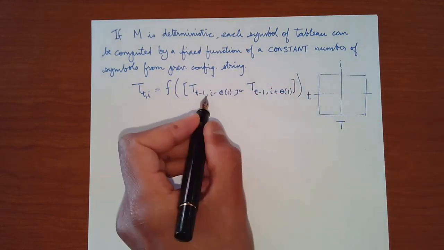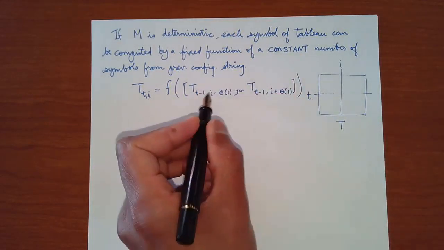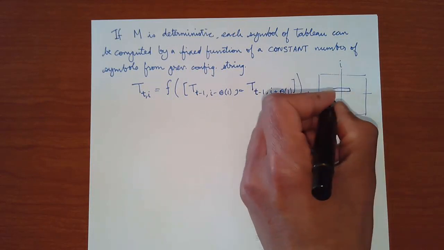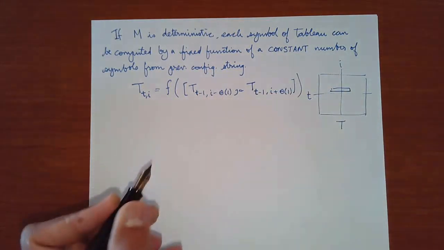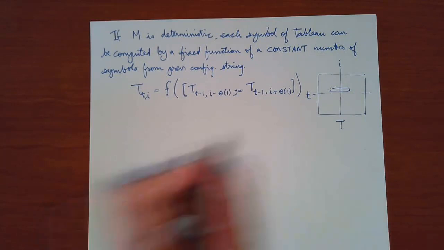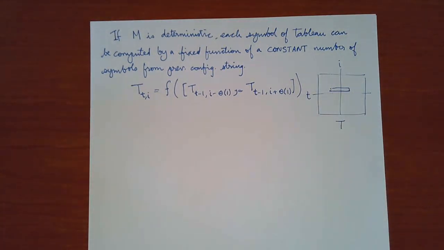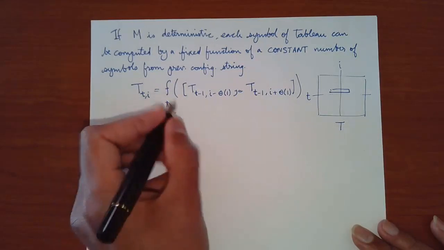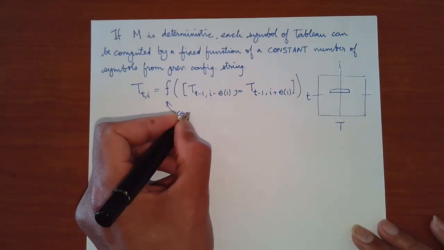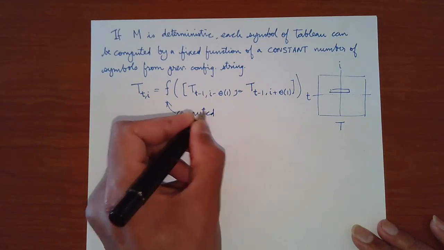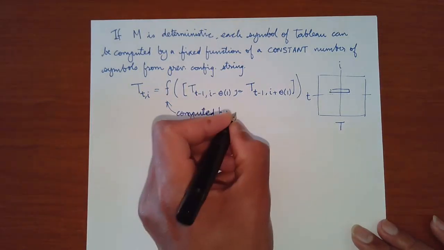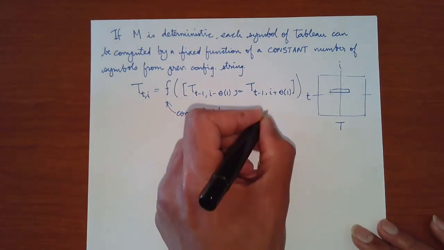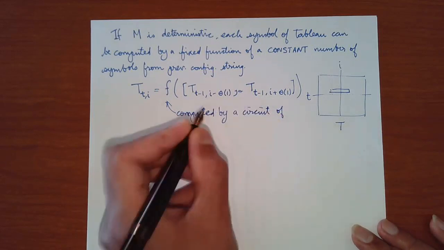Right, so I'm looking at this as an interval. And I say plus minus theta of 1 because of the binary encoding, so you need to look at a few symbols to the left and a few symbols to the right. Now this can be computed by a circuit of O of one size.